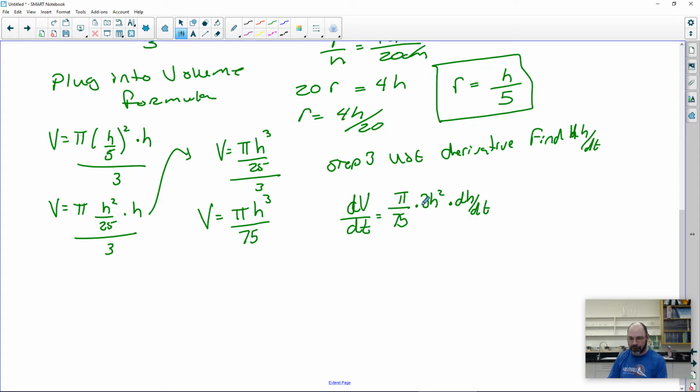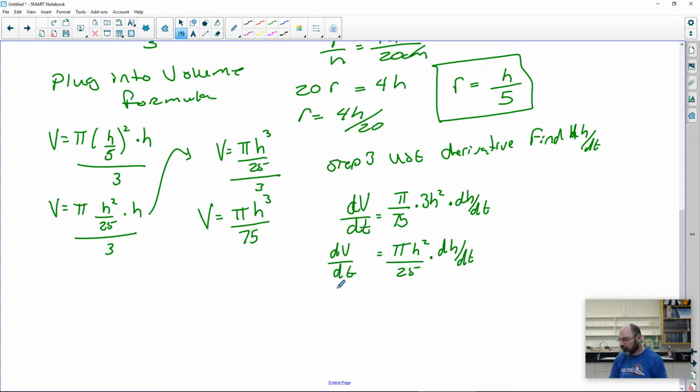We can do some simplifying with the 3 and the 75 for 25. So we've got pi over 25. Those will cancel out. Pi h squared over 25 times dh/dt. And that's going to give us our dV/dt. I'll put that in here.